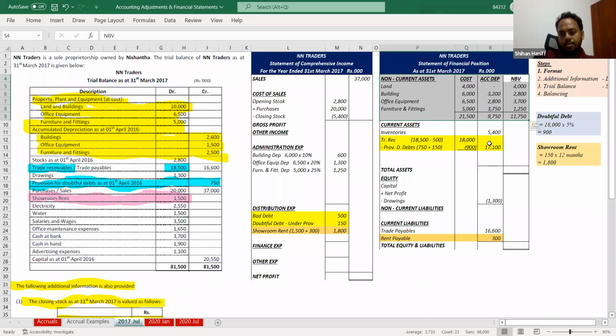After that, the columns are only for calculations. If you don't have any calculations here, you can directly write in the second column. So you can take other balances to the second column.